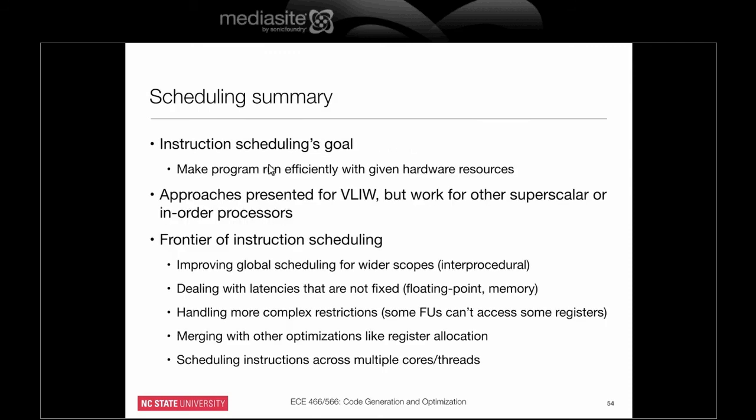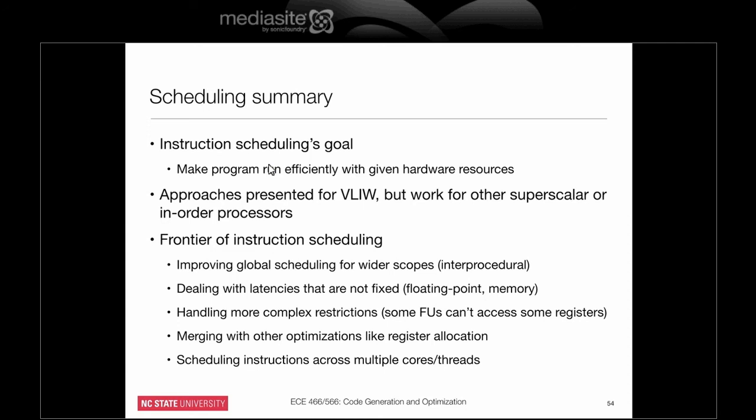Okay, so in summary, instruction scheduling's overall goal is to make a program run efficiently within the given hardware resources. I presented a lot of approaches for VLIW in the last several videos, but it can work for other superscalar or in-order processors, right?